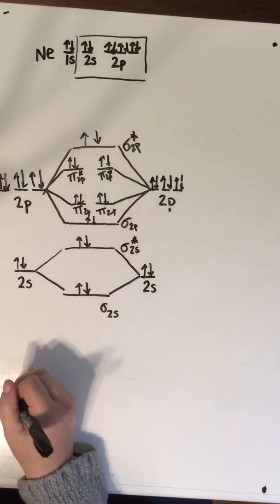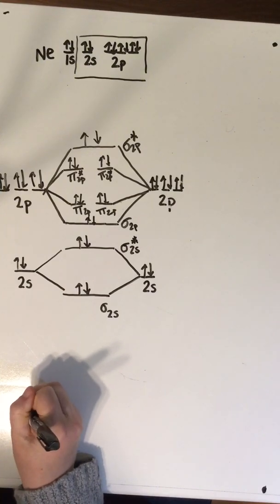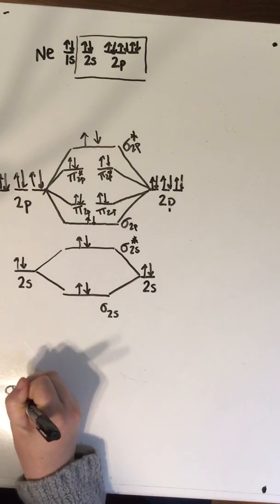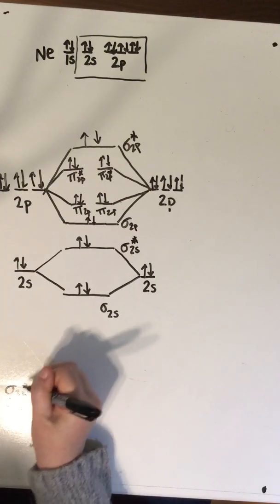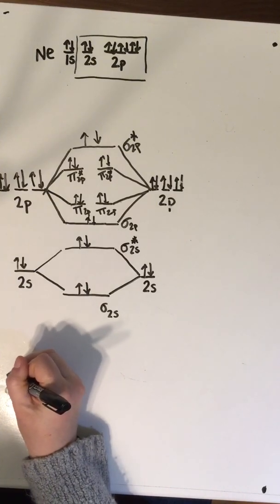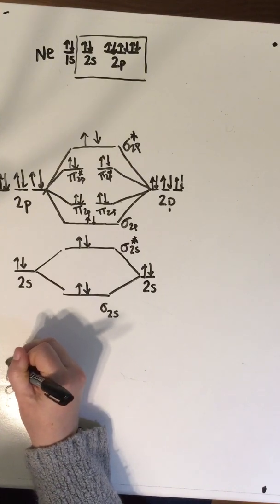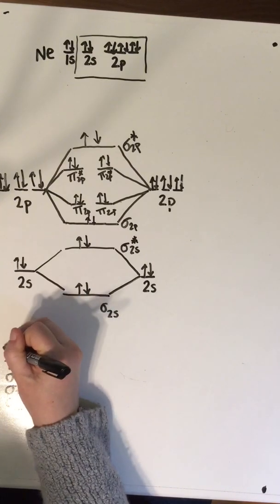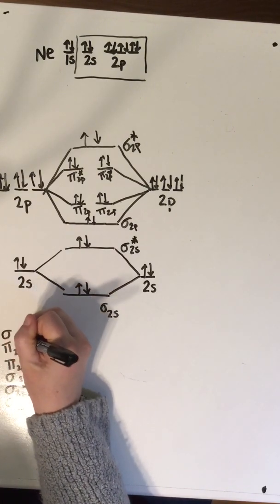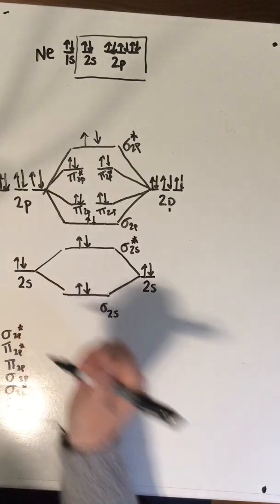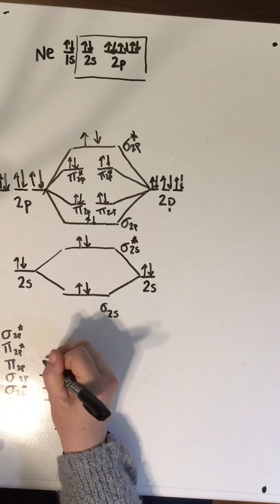You're also going to oftentimes see this as a shorthand method where we don't draw all of the little lines. Instead, we just list our orbitals, based on the amount of energy that they require. Like that. And then we just draw the lines for each directly beside it.